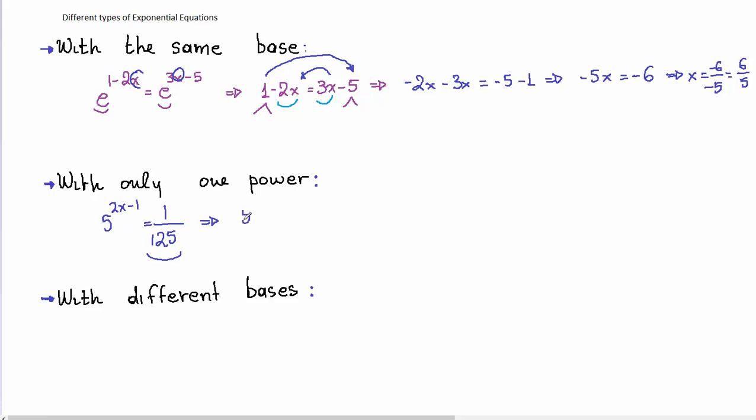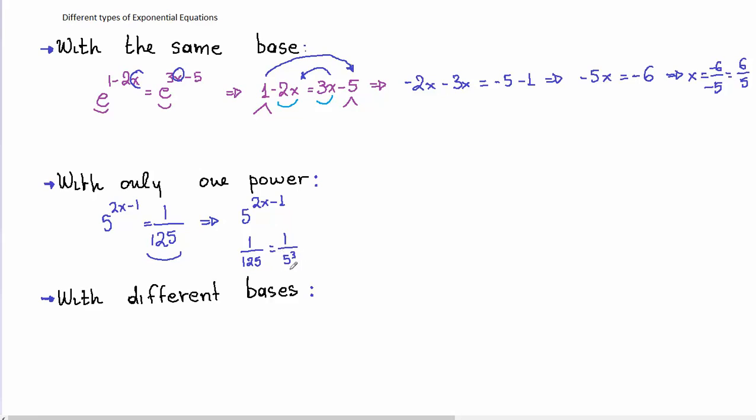Well, the first thing that I can see right here is that 125 is 5 to the third. So if I want to do this separately down here, just to make sure that I don't make any mistakes, then I can rewrite this as 1 over 5 to the third.